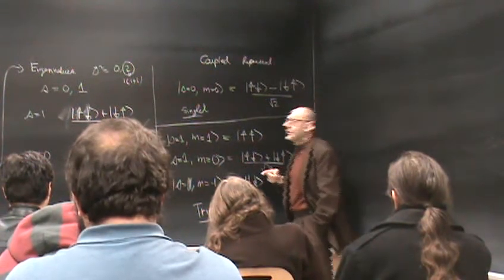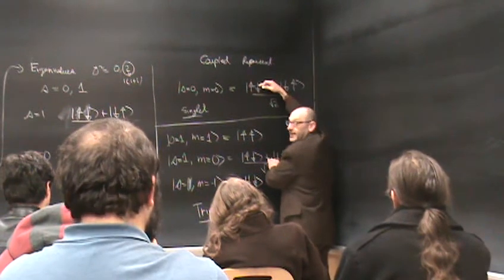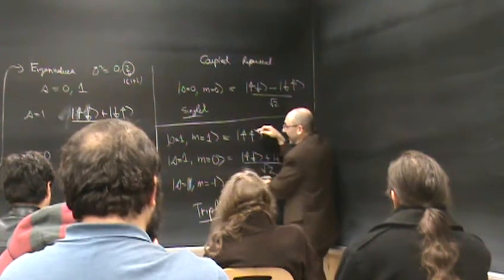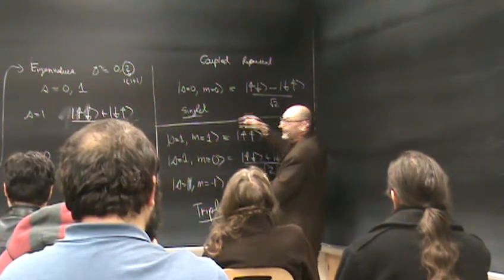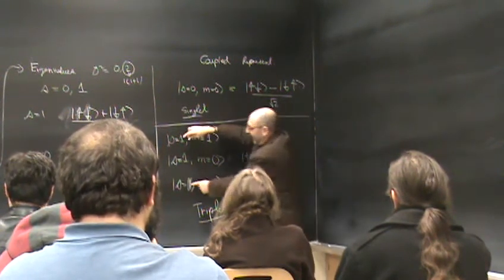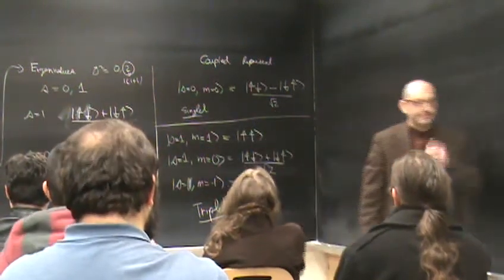If I specify only the M quantum number, these guys are degenerate, and these two as well. If I specify only the S quantum number, then I get these three and that. So I need both quantum numbers.